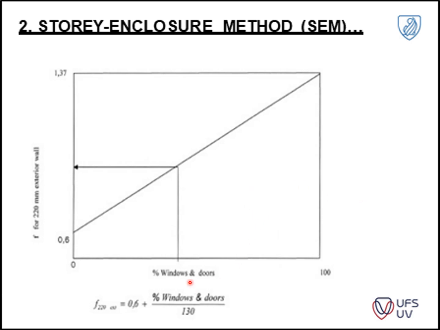Okay, so this is just the storey enclosure method, a show of how you calculate your 220 millimeter wall. The 220 millimeter wall has a formula of 0.6 plus the percentage windows and doors over 150 for your building. So it's usually your external walls that you calculate.